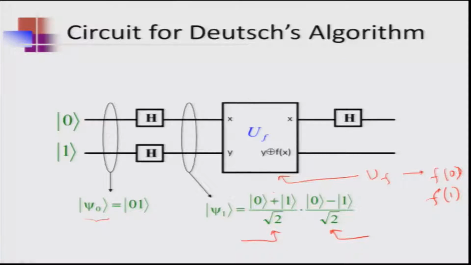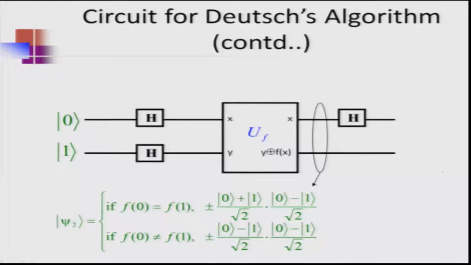Then we go through the same unitary transform circuit which had achieved, by using quantum parallelism, the two values of the function, essentially f of 0 and f of 1, and after that we will do a Hadamard on one of them to get our binary addition.